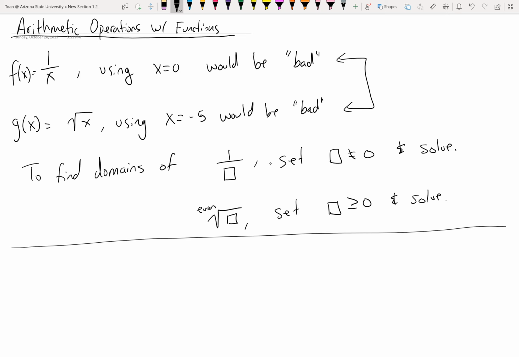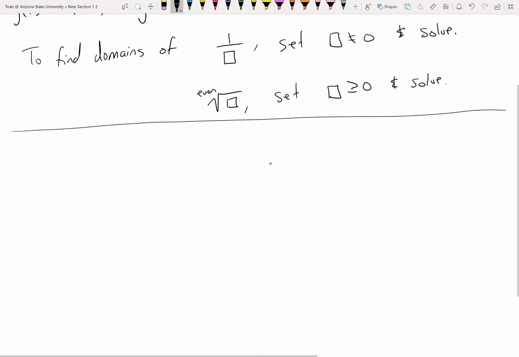So how do the domains change when I start to add, subtract, multiply, and divide functions? Well, the idea is very simple.